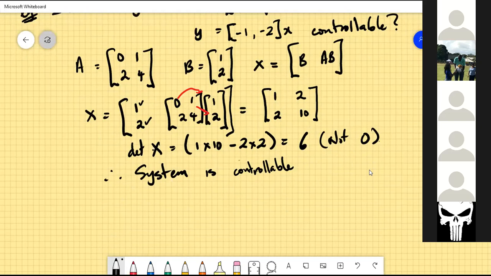There are many systems that are not controllable. But most of the time we can use common sense and see that the system is not controllable.